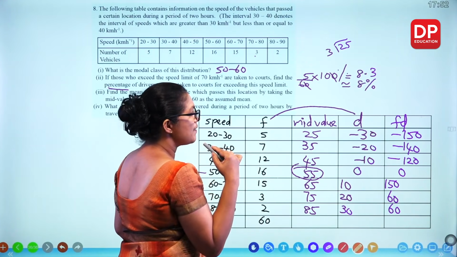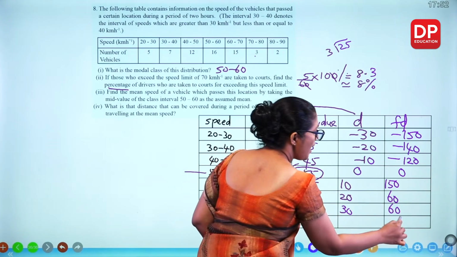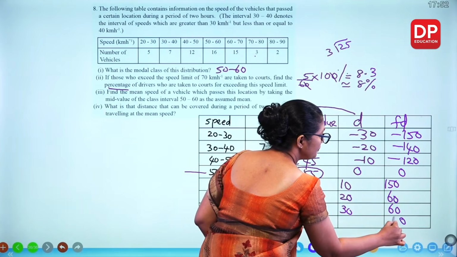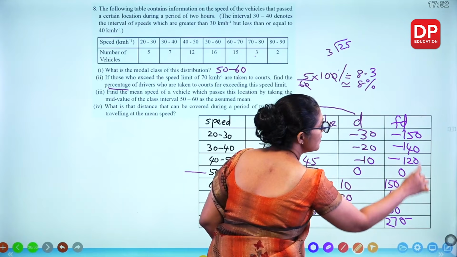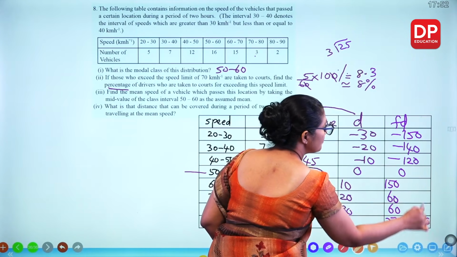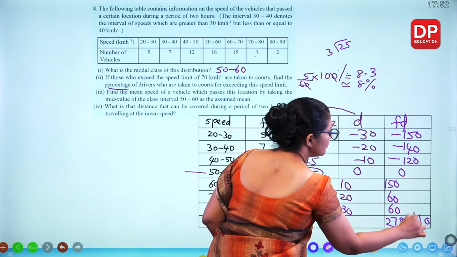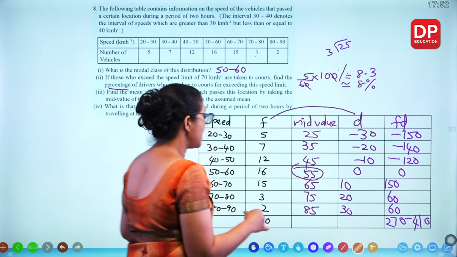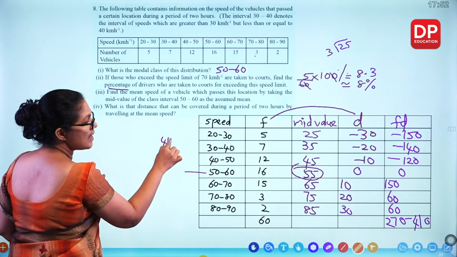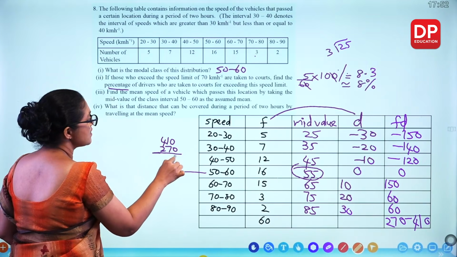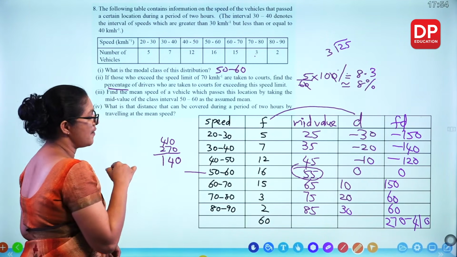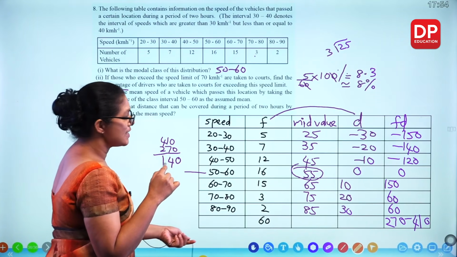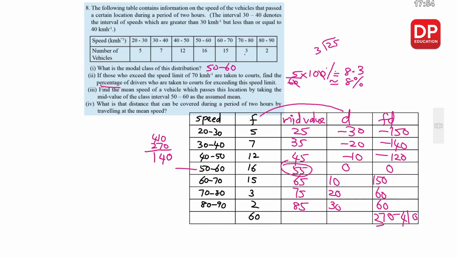When you add it together, positive values when you add 270. Negative values when you add 410. So take the difference 410 and 270. You get 140. So that's negative. So negative 140.